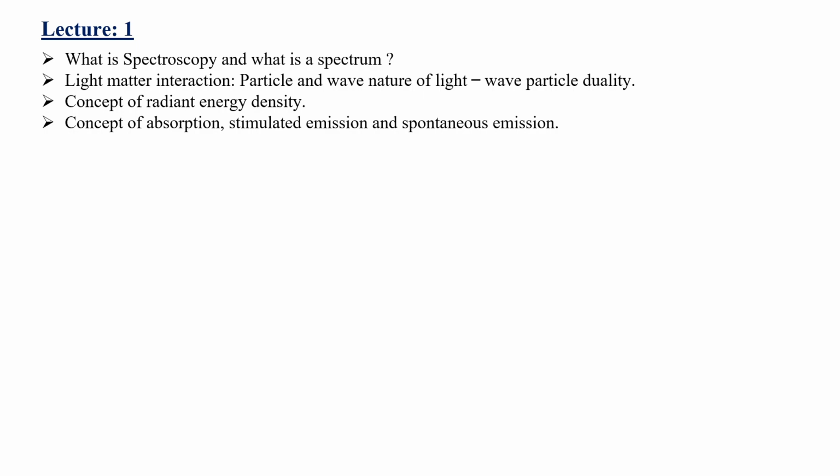And wave nature of light was proved using interference. When two waves meet each other, they can interfere either constructively or destructively. And light shows those properties. So that's why there was a concept of wave particle duality for light. Okay. And then he introduced the concept of radiant energy density.